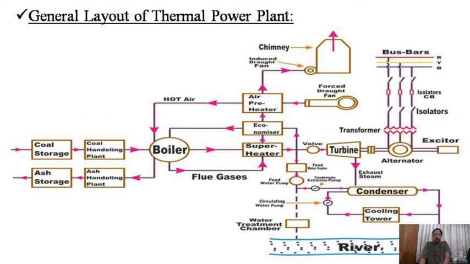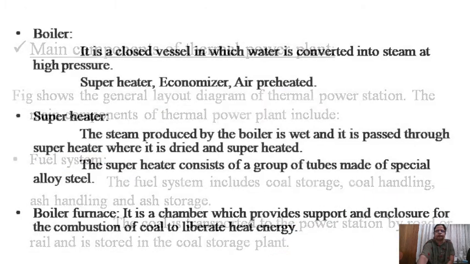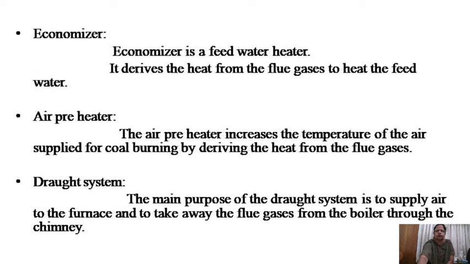Next one is the draught system. The main purpose of the draught system is to supply air to the furnace and to take away the flue gases from the boiler through the chimney. The draught system uses a forced draught fan for supplying air to the furnace and an induced draught fan for exhausting the flue gases through the chimney.